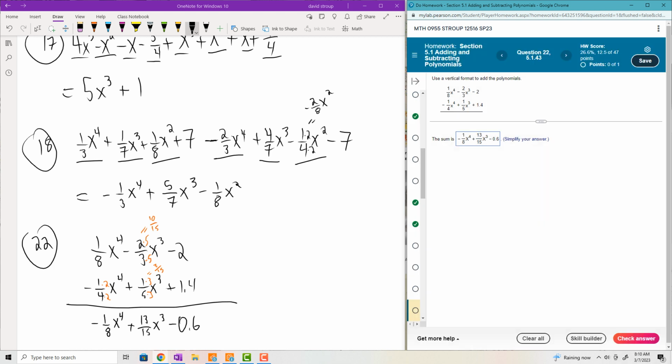What row? What did I do? Oh, that second guy, this is a negative 10/5. That may have something to do with it. So negative 10/5 plus 3/5 is going to be negative 7/5.